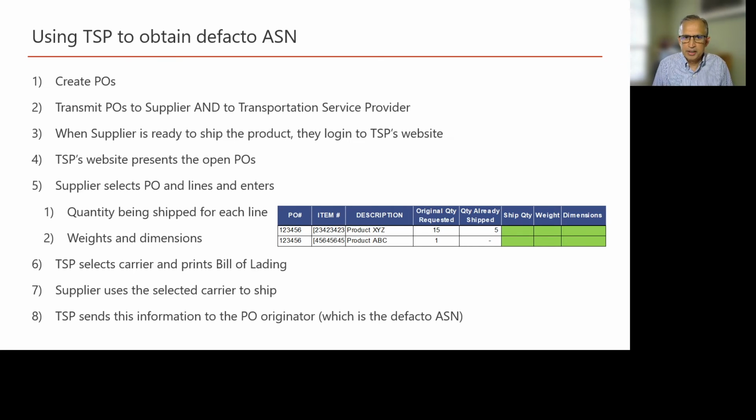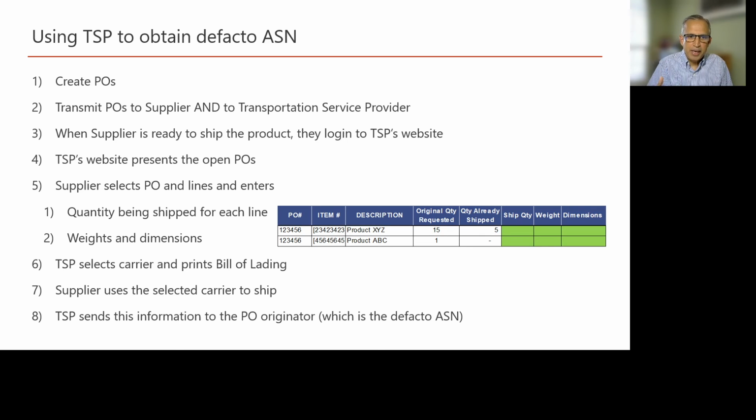Once the supplier enters or confirms all of that information for all the POs and products that are going to be shipped that particular day, the TSP then selects the carrier and prints the bill of lading. The supplier uses the carrier listed in the bill of lading to ship the product.